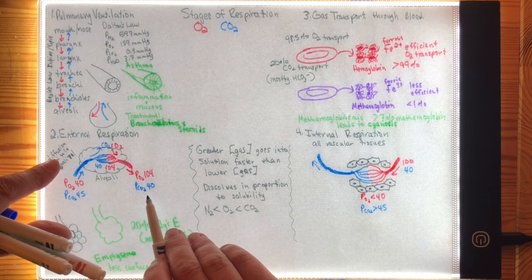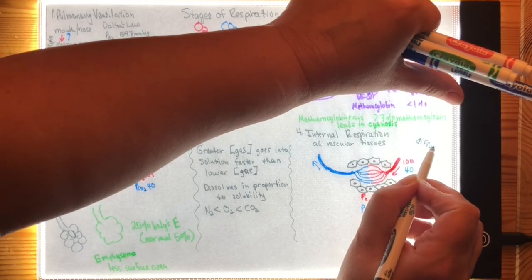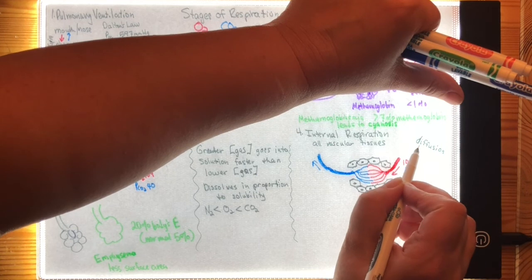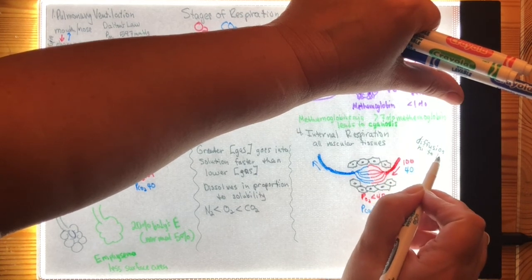So yes, one particular alveolus, when everything is going perfectly, will leave oxygen at 104, but the lungs as a whole are going to be leaving the blood supply at a partial pressure of oxygen of 100. So that is why once you get to the tissues of the body, the number just dips slightly down to 100 as the partial pressure of oxygen as you approach a tissue of the body.